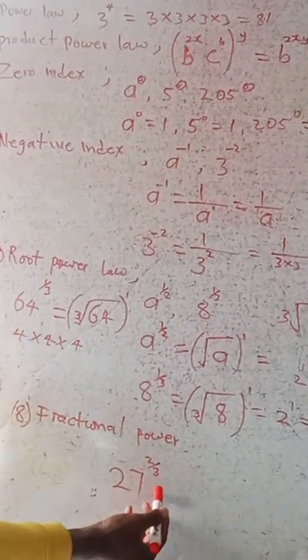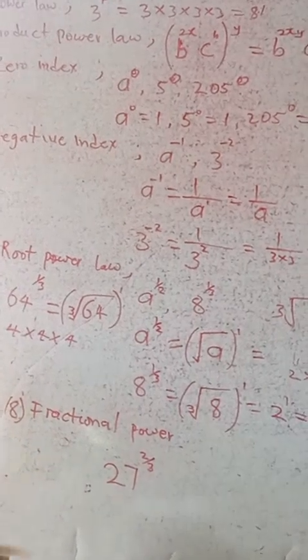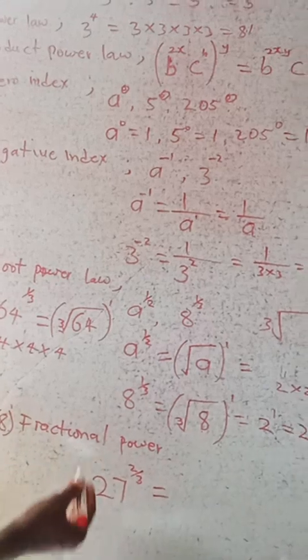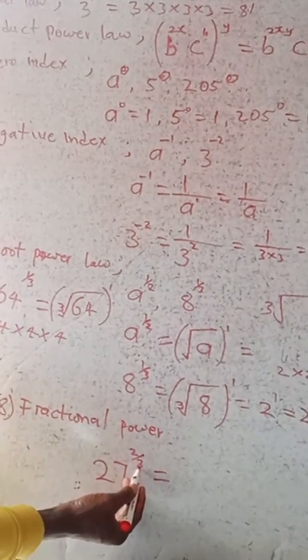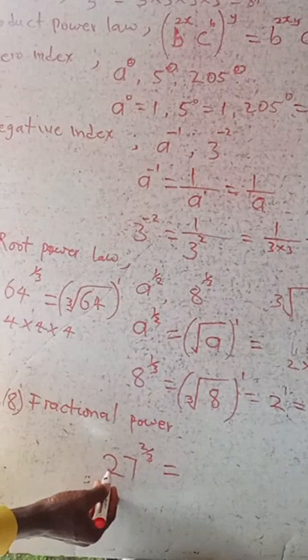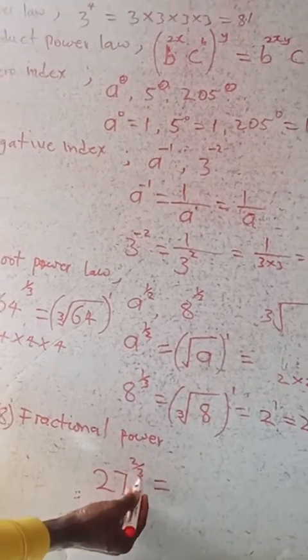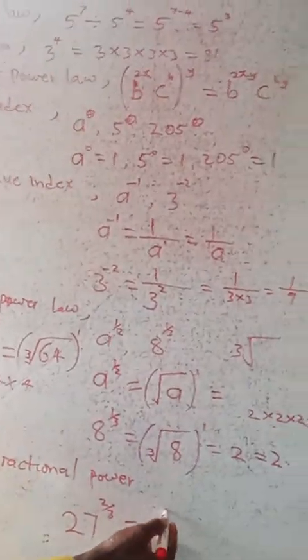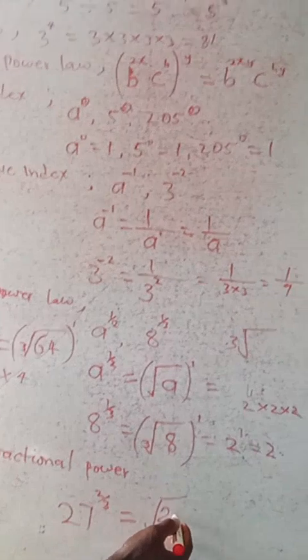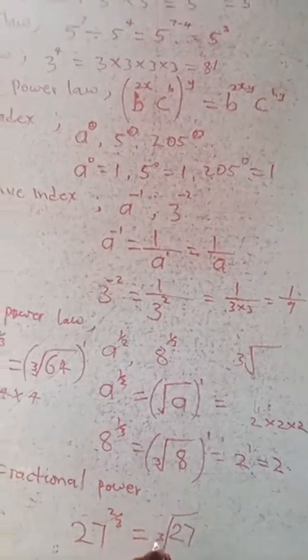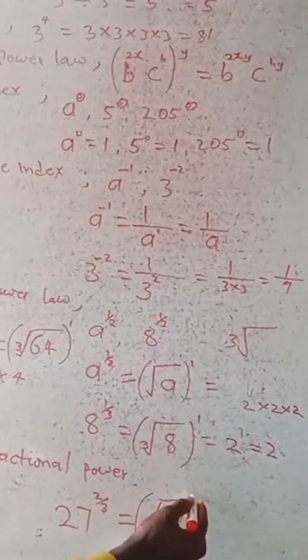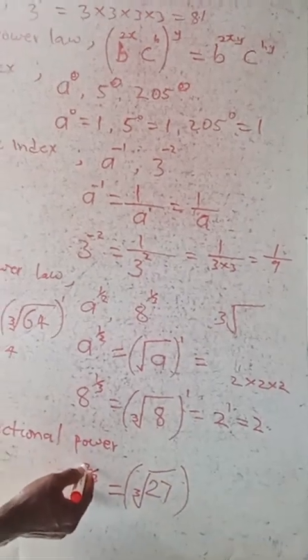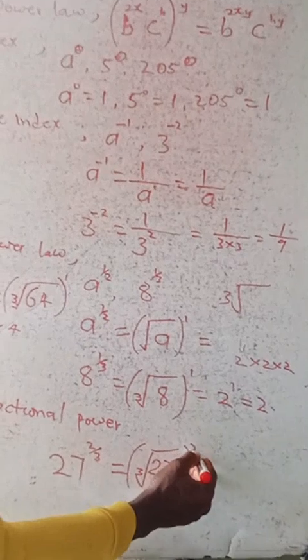What it means is still the same thing: the denominator of the fraction is going to form a root. If 3 forms a root, it will be third root of 27, and we put our bracket and write the numerator here as a power.